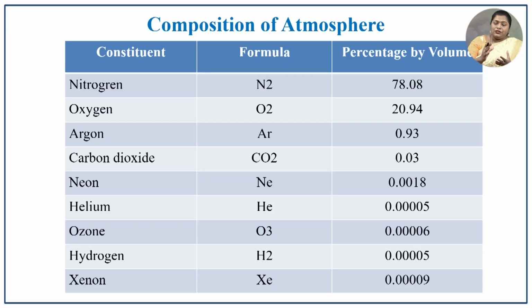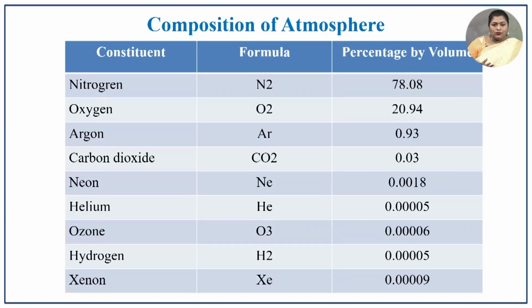So the composition of atmosphere consists of constant gases as well as variable gases. Nitrogen, oxygen and argon are the constant gases, and carbon dioxide, neon, helium, ozone, hydrogen and xenon are the variable gases present in the atmosphere.